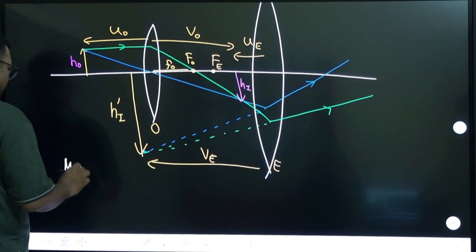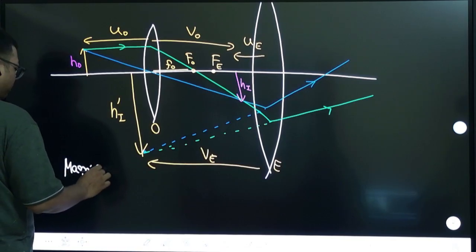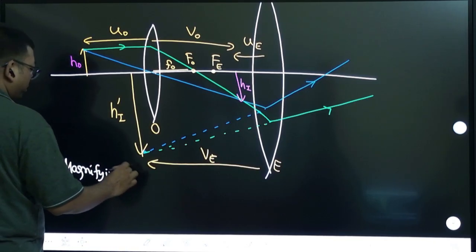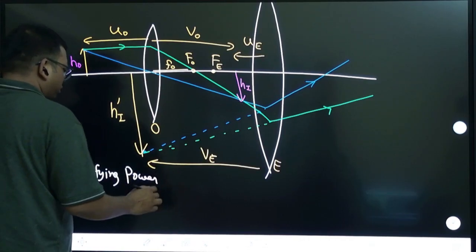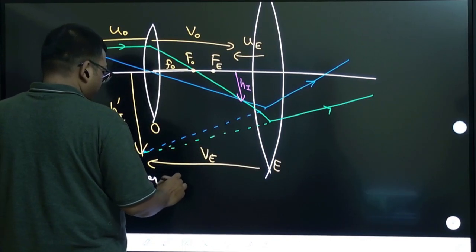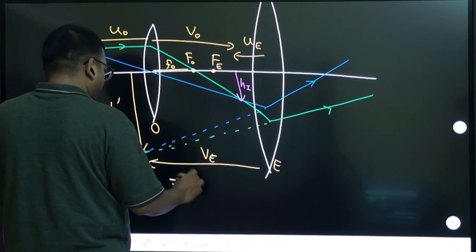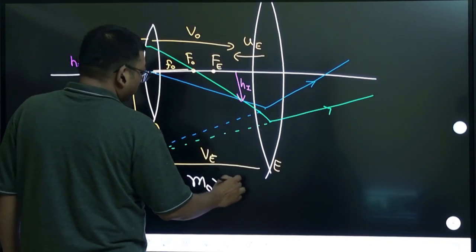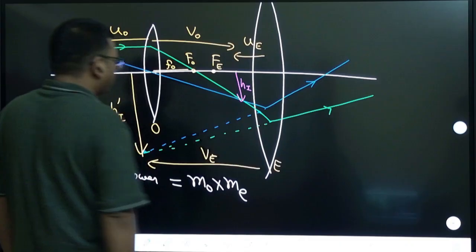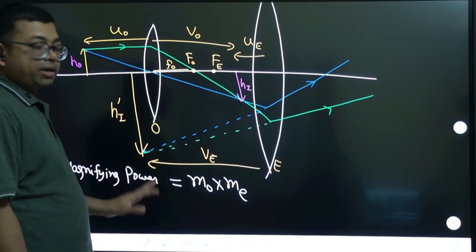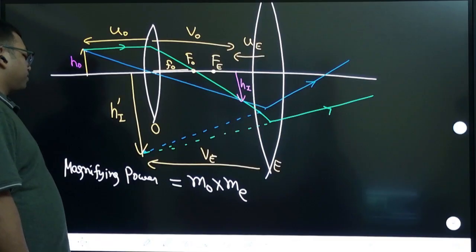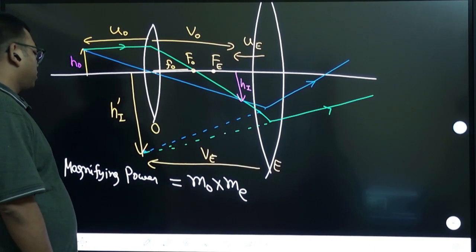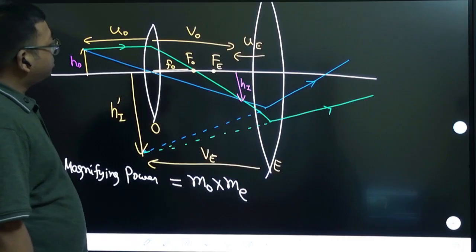The magnifying power is calculated as the magnifying power of objective multiplied by that of eyepiece. This is how we calculate total magnification or net magnification or magnifying power.